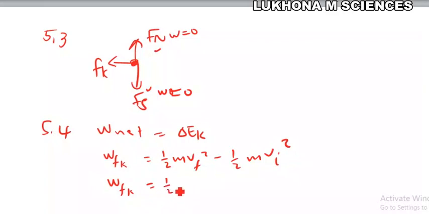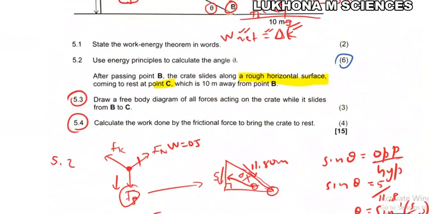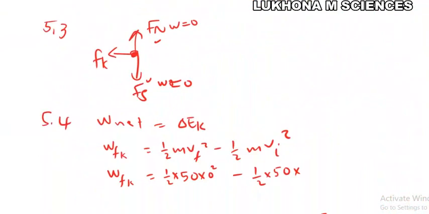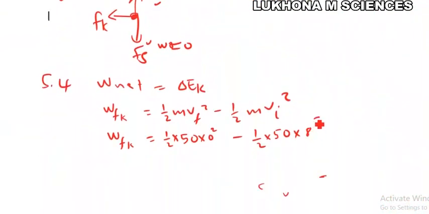We have 1 over 2 times the mass, that is 50, times the final velocity, the velocity at C, which is 0, minus 1 over 2 times the mass, that is 50, times the initial velocity of this path, which is the velocity at B, which is 8, 8 square. Then we get 0 here.